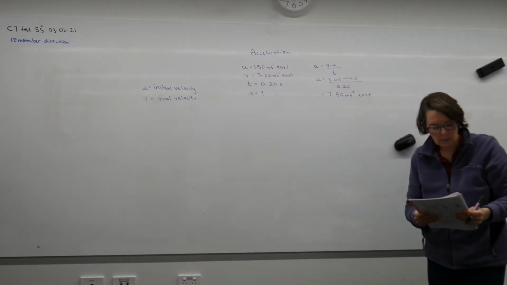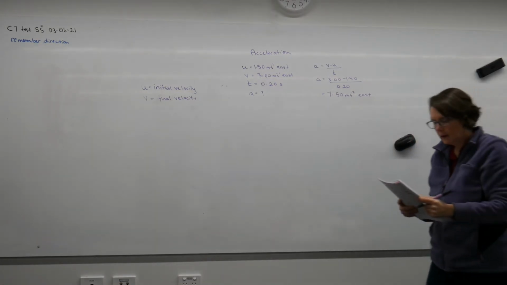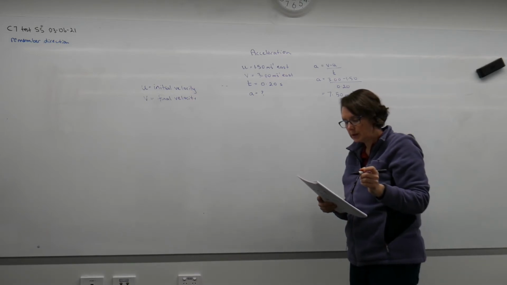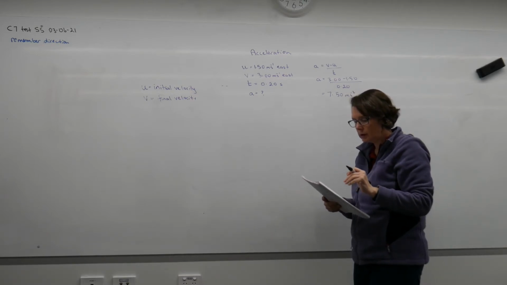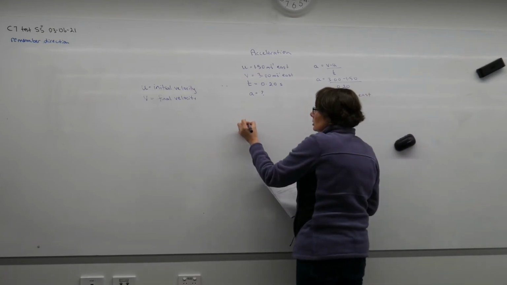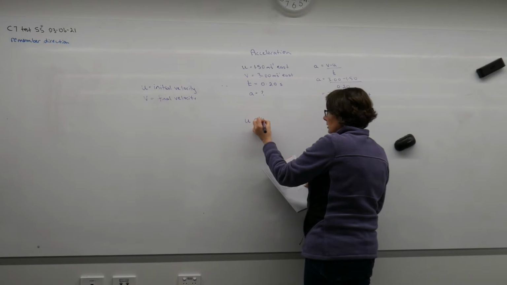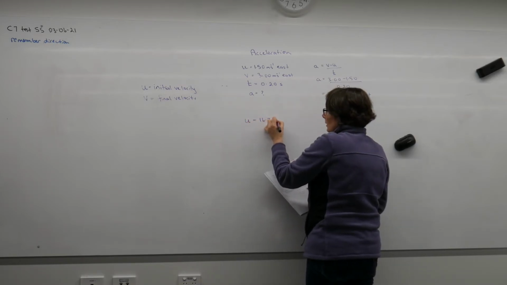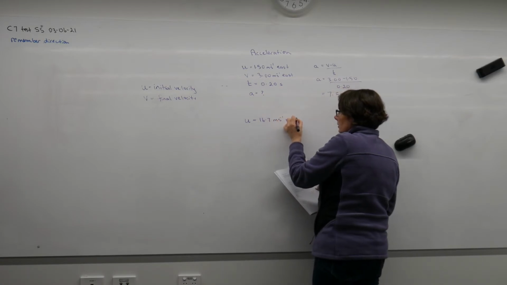Okay, let's have a look at worked example 9. The driver of a car travelling at 16.7 metres per second north slows to a velocity of 11.1 metres per second north. So my initial velocity is 16.7 metres per second north.